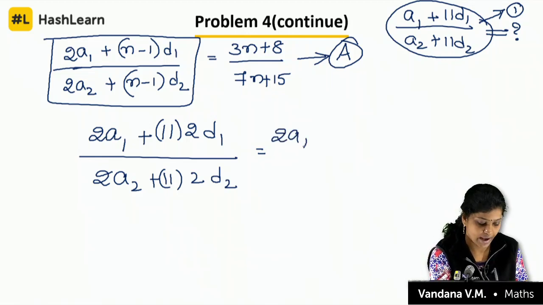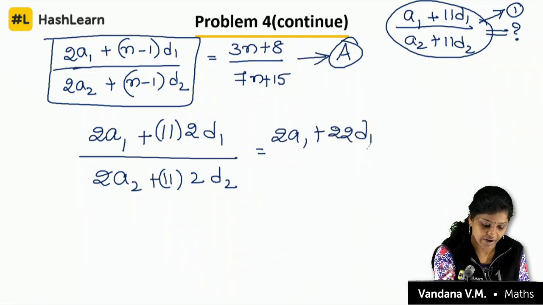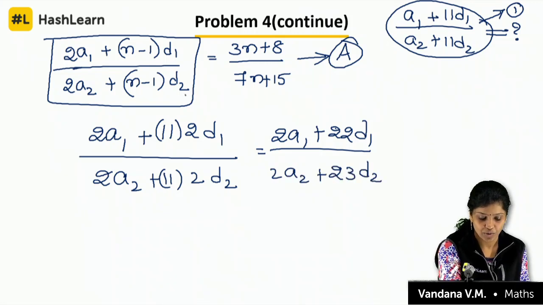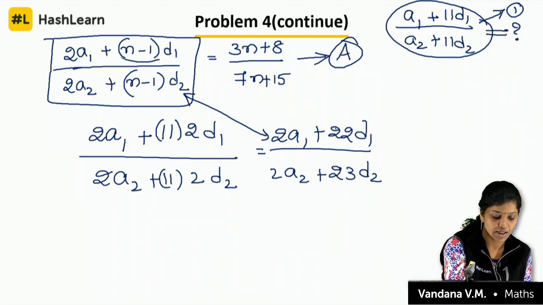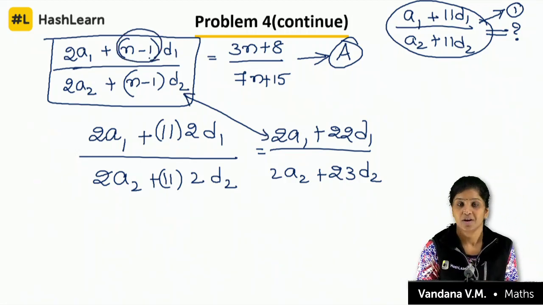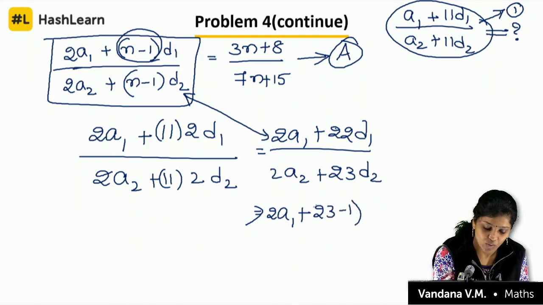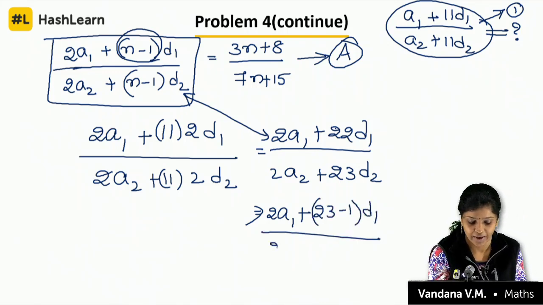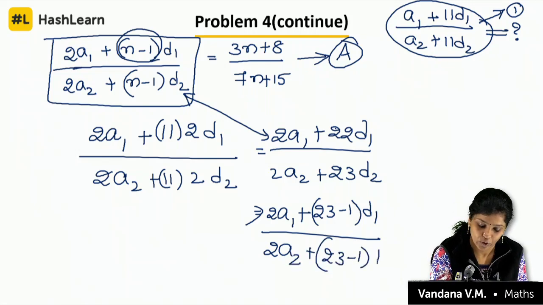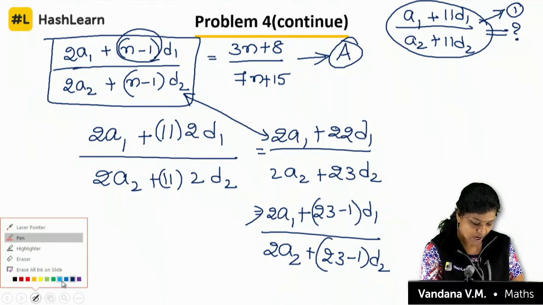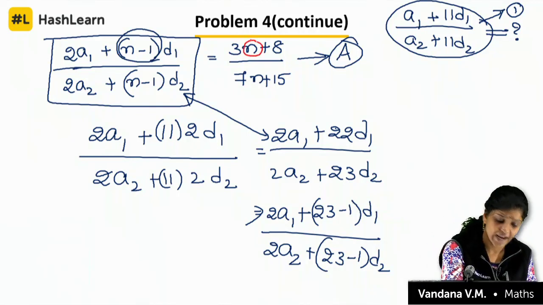What I will get? 2a1 plus 22d1, 2a2 plus 22d2. Now you can compare, but only thing is here the n minus 1 form is there. So, this 22 can be written as 2a1 plus 23 minus 1 into d1 divided by 2a2 plus 23 minus 1 into d2.